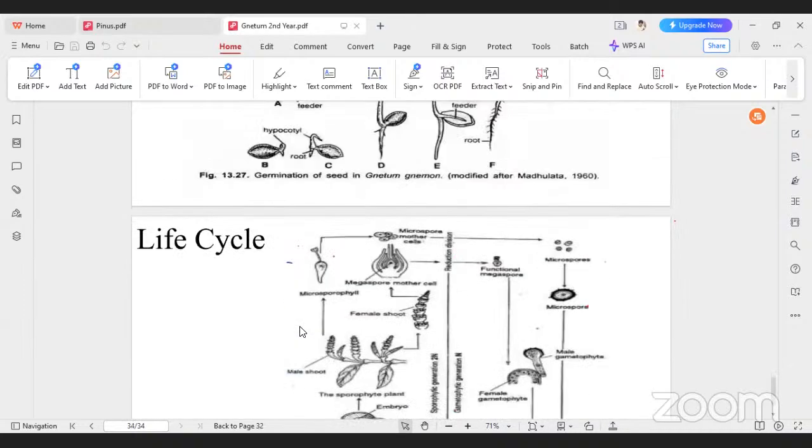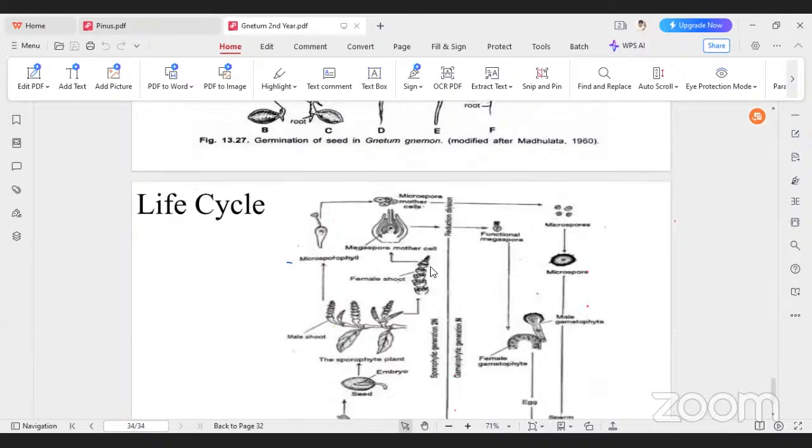Life cycle is important. Take this picture. What we discussed so far, when given a graphical pattern, is called a life cycle. If you see this life cycle, we started the class with the sporophytic plant body.